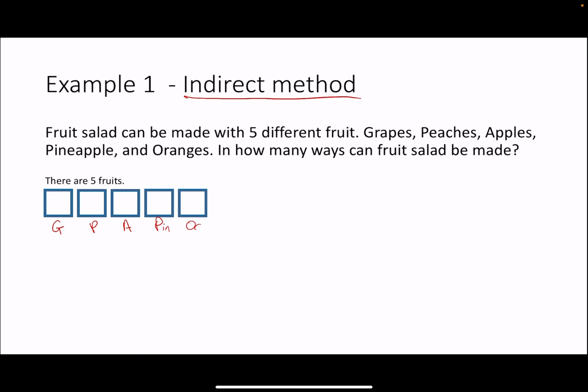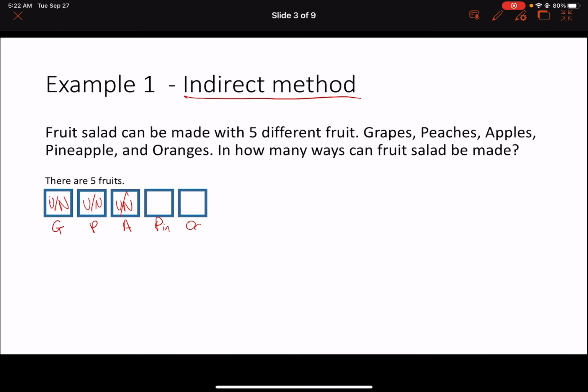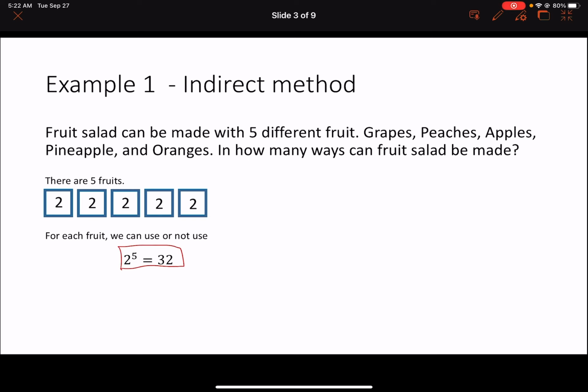We can either use it or not. We have 2 choices in each case, use it or not use it. Now, that is a total of 32 cases.